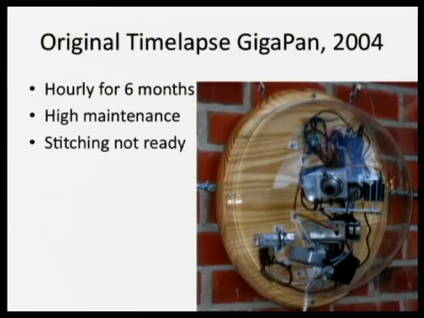It was one of the very first Gigapan devices, and it hooked up to a computer and would take backyard panoramas once an hour for about a 6-month period. It was hard to operate. It was very unreliable. We weren't ready to manage the data. We weren't ready to stitch the images, so we kind of dropped the project.